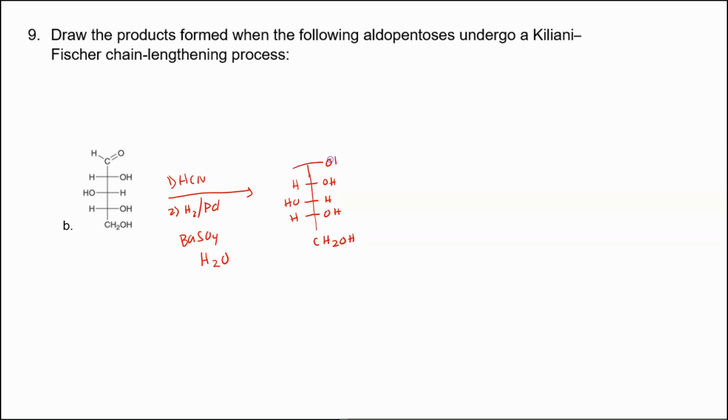We're going to get that alcohol. This is the new aldehyde. And then we'll form another new aldehyde with the epimer, where the OH is on the other side. But all the other ones stay the same. All right, so that's the Kiliani-Fischer synthesis.